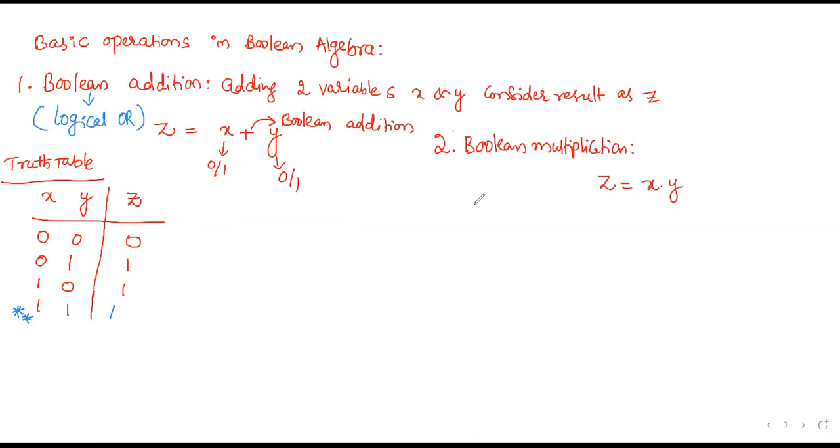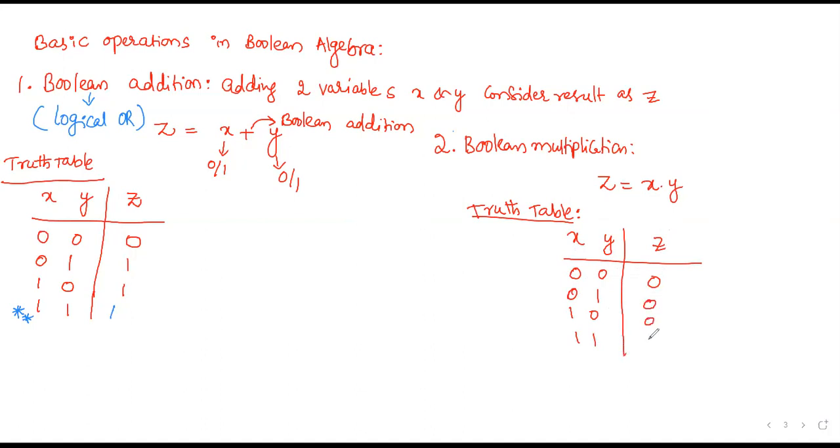We know each variable will take either 0 or 1, so you will get 4 combinations: x, y, z. x value may be 0, 0, 0, 1, 1, 0, 1, 1. Now it is similar to our normal multiplication: 0 into 0 is 0, 0 into 1 is 0.